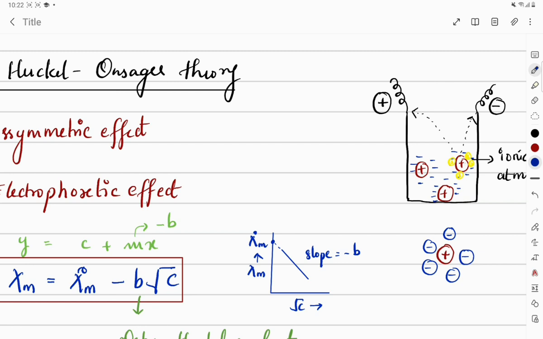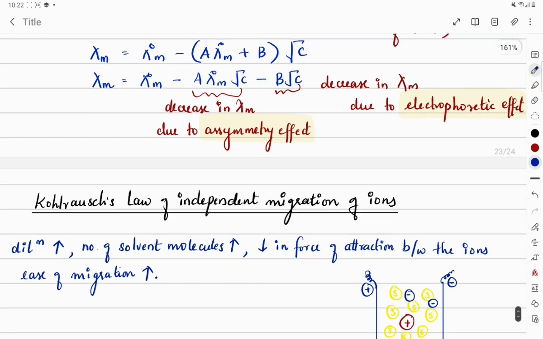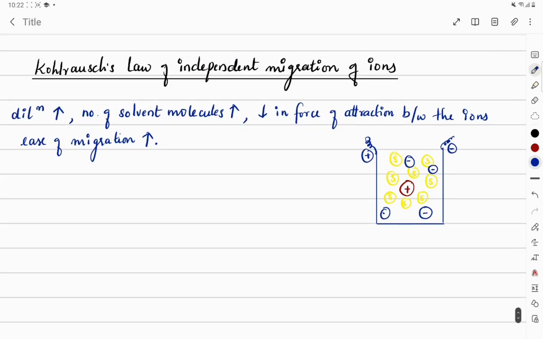That means if I am considering the positive charge, their migration was dependent on the negative charge around them. But now, since there is not much attraction between them, the migration can be called independent migration, or migration that is not dependent on the coions.